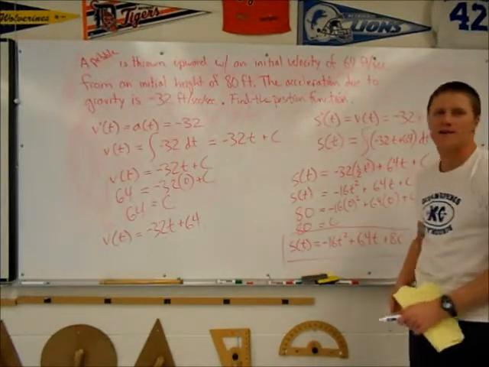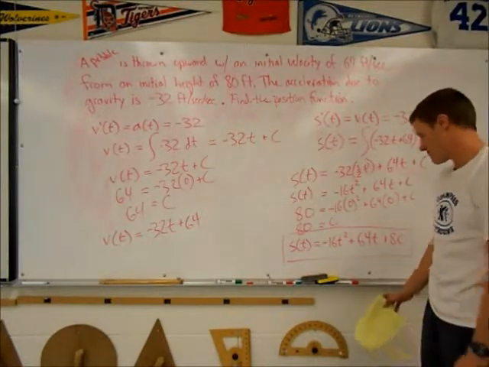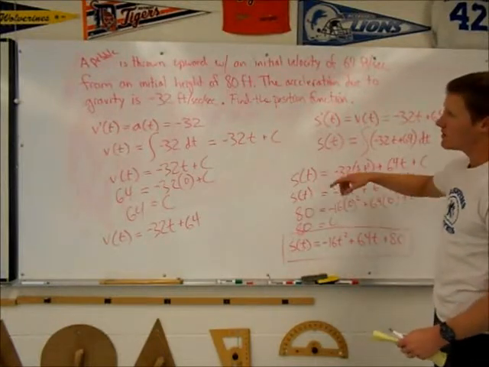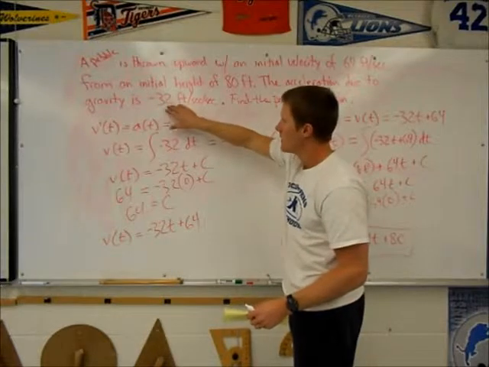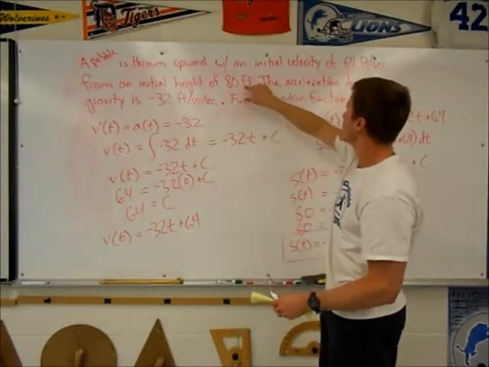And now we could answer all sorts of questions, like what's the highest the pebble goes, when does it hit the ground, what's its velocity, position at certain times. I could be general. This constant stays true for all objects in free fall around the Earth. These numbers could change.